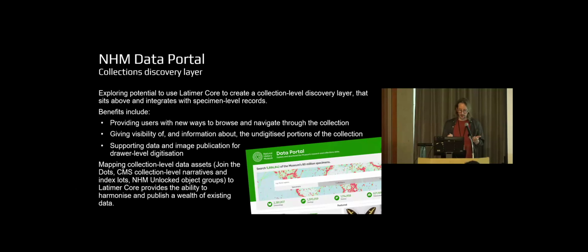So we've got world collection, Europe, UK, we've got the cryptogamic herbarium as well. But for the folk that use the herbarium, that kind of structure is not represented in the data portal. So how you traditionally use collections, going in and navigating them, it's not really represented. So we'd be able to use Latimer Core to provide a much richer structured way for people to have different entry points to browsing collections data.